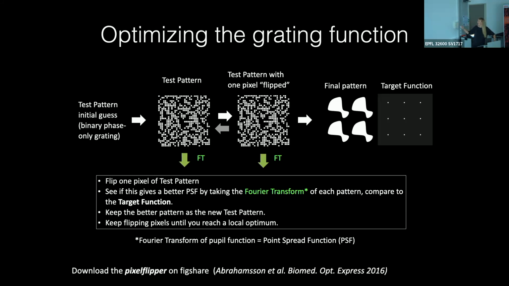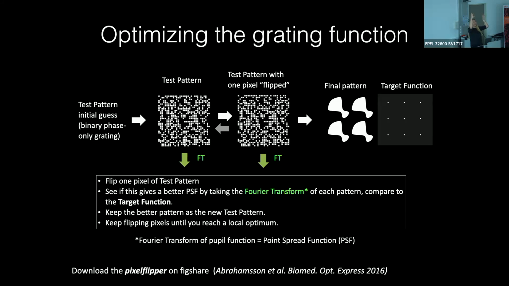So what you do is you want to find the grating function that gives you the image you want. The image you want could be a guitar. My Japanese student made a Pokemon. I wanted 9 spots. So I take a random guess, then I flip 1 pixel in that guess, I Fourier transform those two, and I compare them to my target function of 9 spots.